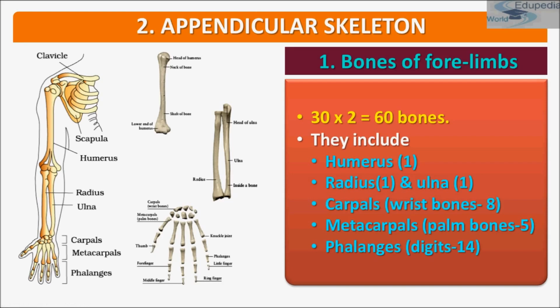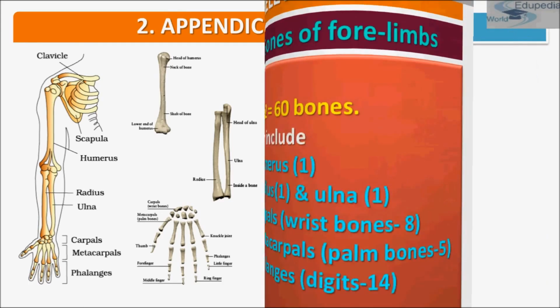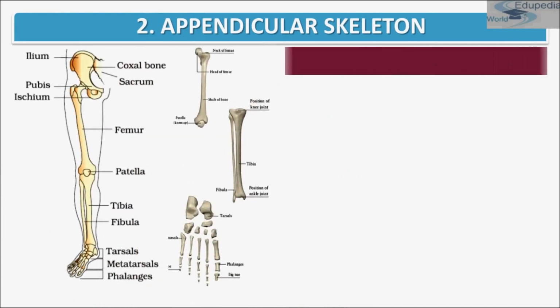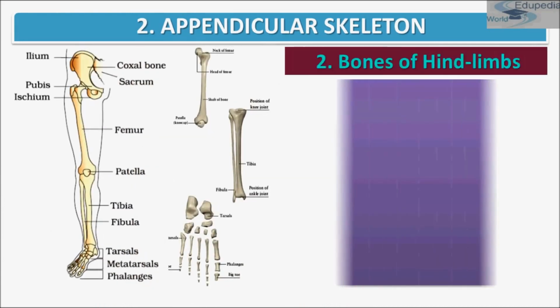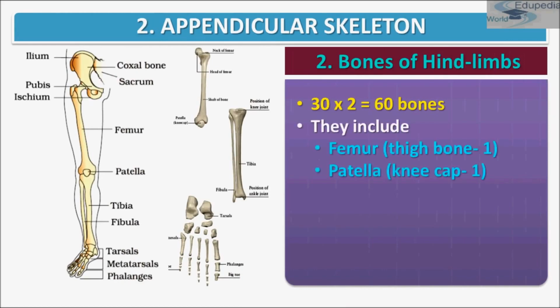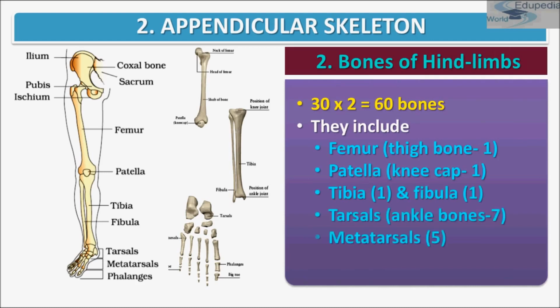And then comes the bones of the hind limb. They are again 60 in number, and they include femur, patella, tibia, fibula, tarsals, metatarsals and phalanges.